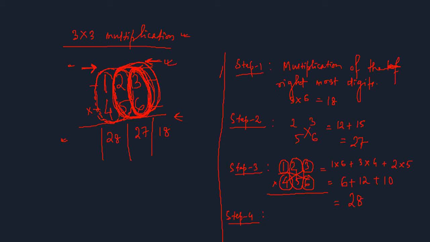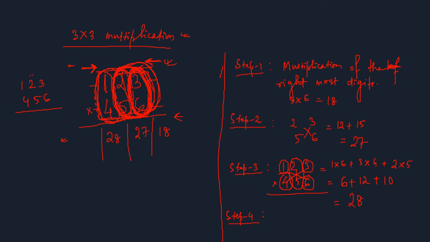Once we did cross multiplication of 2, 3, 5 and 6, and we also did cross multiplication of 1, 2, 3, 4, 5, 6, the next cross multiplication that is possible is of 1, 2, 4 and 5. If you guys can't see, I'll just write it over again. 1, 2, 3, 4, 5, 6.